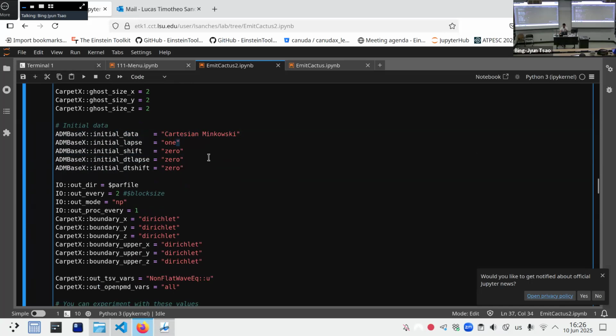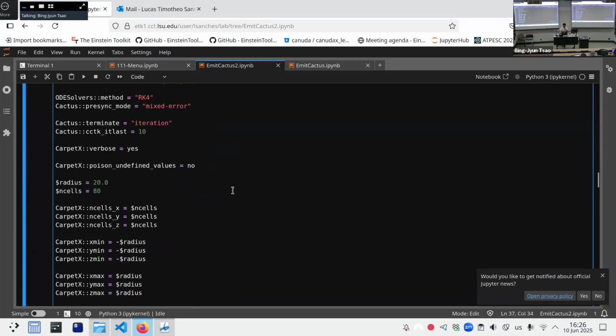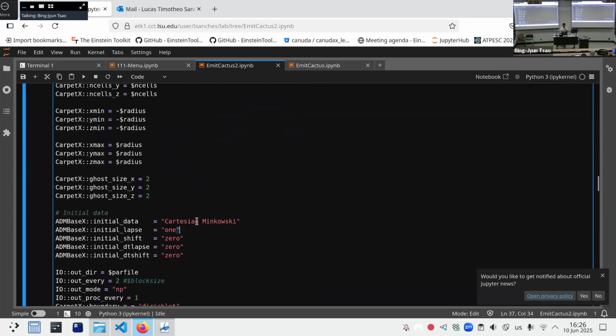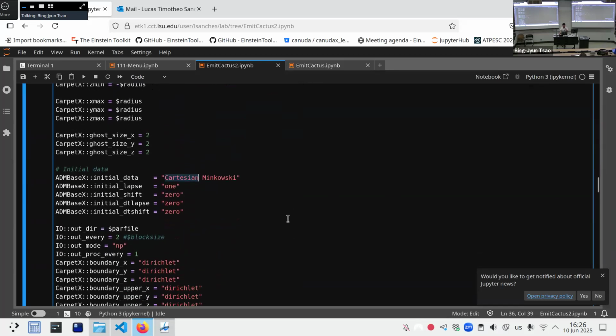Now, there are no other official initial data writers except for TwoPunctures X. But TwoPunctures X is not part of this Cactus installation you guys get here. So I tried using TwoPunctures here, but you guys don't get TwoPunctures X installed. But in principle, the initial data could be anything, right?